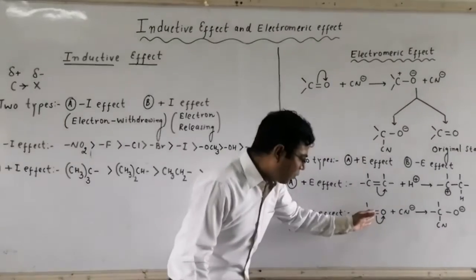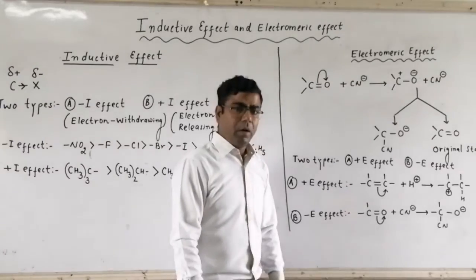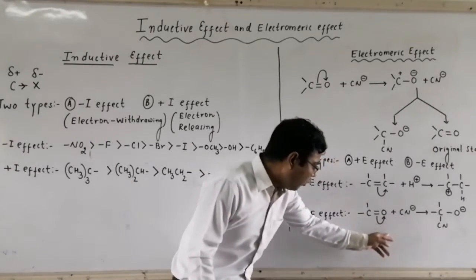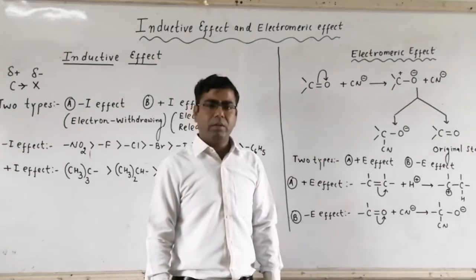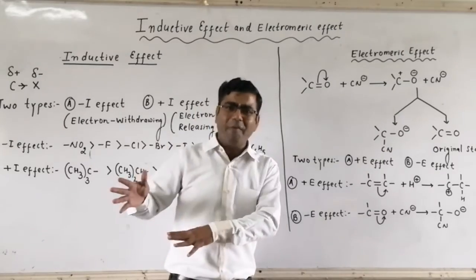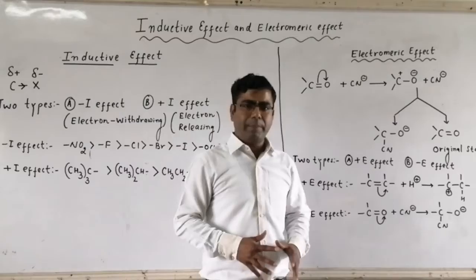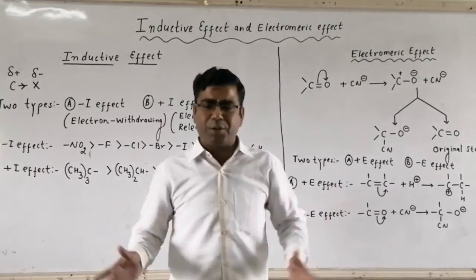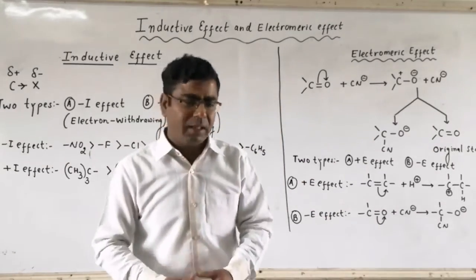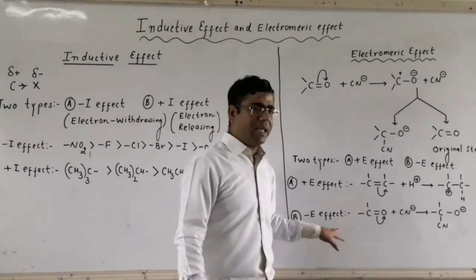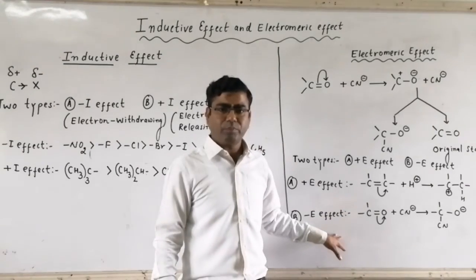Pi electrons are transferred towards the oxygen, while CN minus is attacking over the carbon atom. So when the attack of the attacking reagent and transfer of electrons take place in opposite directions, then this effect is called minus C effect.